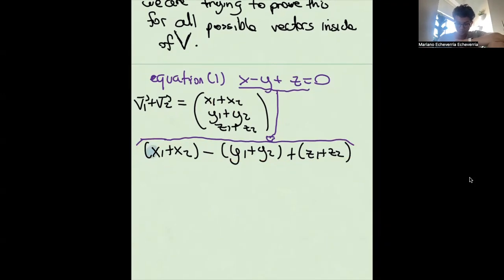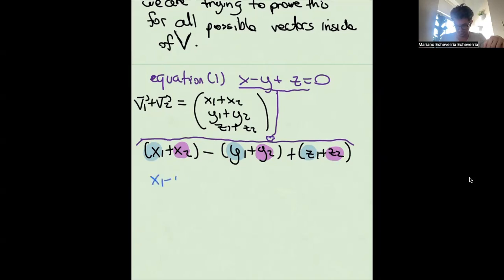But the easiest thing to do is to combine the stuff that has the same index or number. So let's put the stuff with x1 together, the stuff with ones together, and the stuff with twos together, because those are the ones that come from the individual vectors.